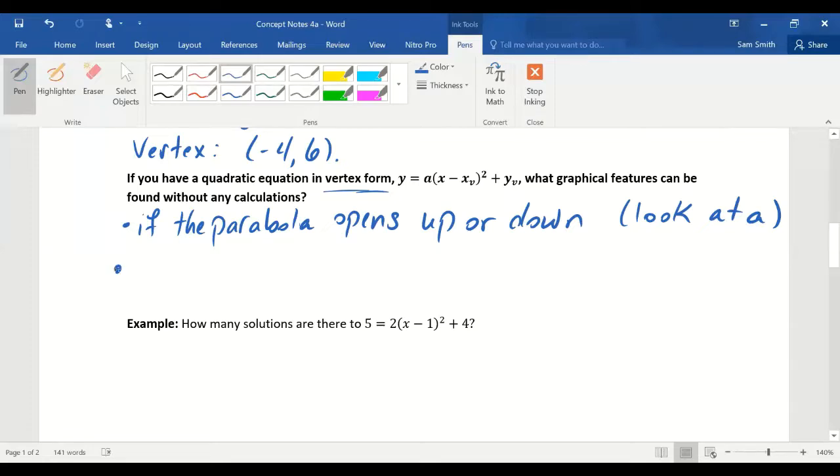The second graphical feature that's specifically nice in vertex form is the vertex. You can detect the vertex right away. The vertex is equal to the number that's being subtracted from x and the number that's being added to x minus xv quantity squared. You just read that right off of the equation.